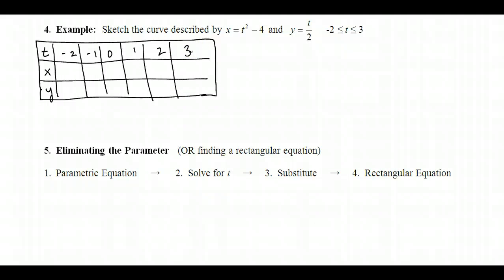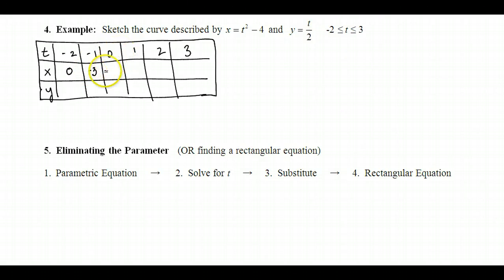And now I can figure out what x is equal to, what y is equal to, by plugging them into their individual equations. So I can figure out my x values: I square my t and subtract 4. So -2 squared is 4, subtract 4, I get 0. -1 squared is 1, subtract 4, -3.